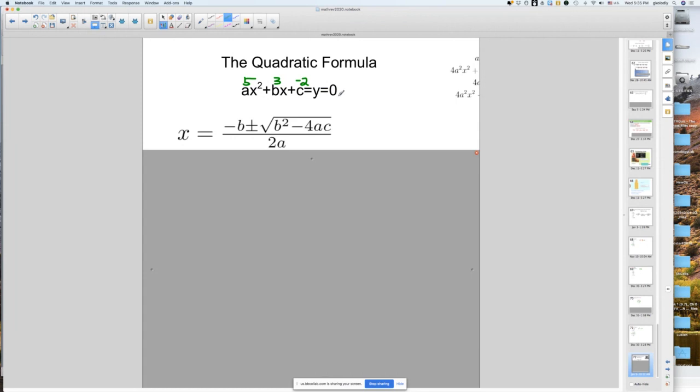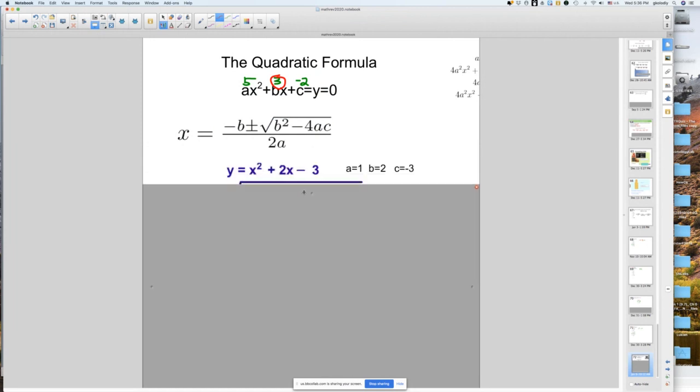Well, this looks like a tough problem, but there's something called the quadratic formula, which tells you what x is. It tells you that x is minus b, plus or minus, in other words, there are going to be two answers here, the square root of b squared minus 4ac. So it would be 3 squared minus 4 times 5 times minus 2, all divided by 2a. And I have all the setup over here.